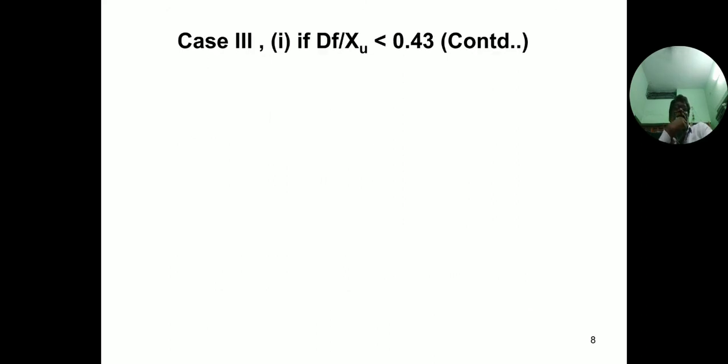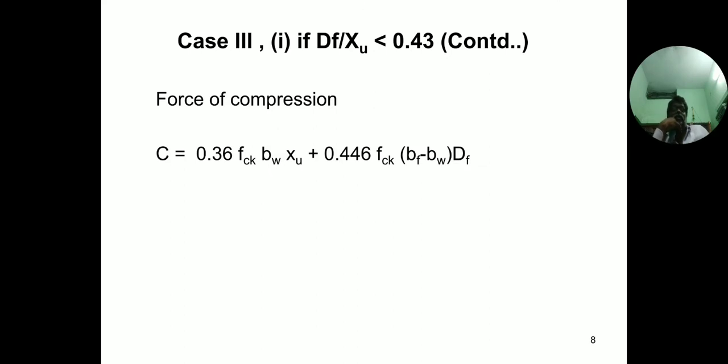Case 3, if df by xu is less than 0.43, force of compression is 0.36 fck bw xu plus 0.446 fck bf minus bw into df. No doubt. This is the force of compression, another is force of tension, 0.87 fy Ast. To calculate xu, force of compression must be equal to force of tension.